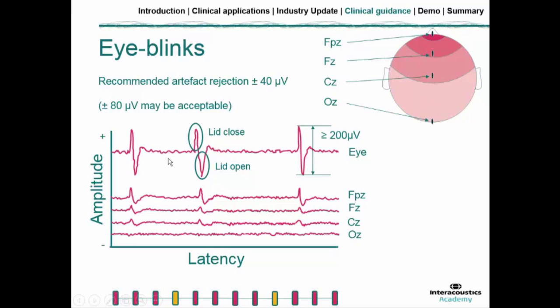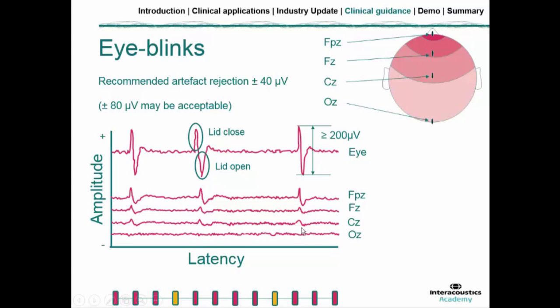But you can see from the raw traces, these biphasic peaks of the eye blinks here are quite large, sort of 200 or more microvolts. That contamination spreads through other places where we might have the electrode.